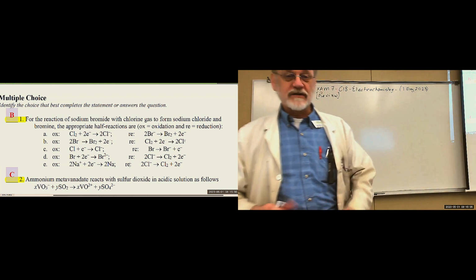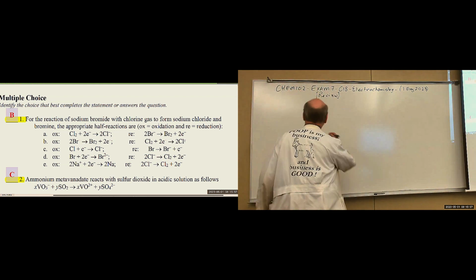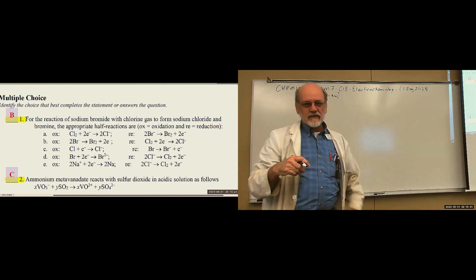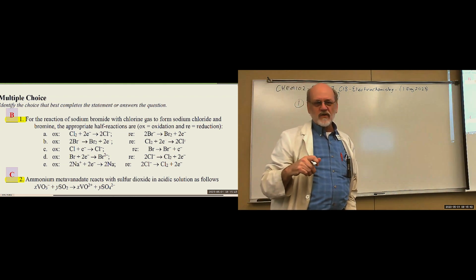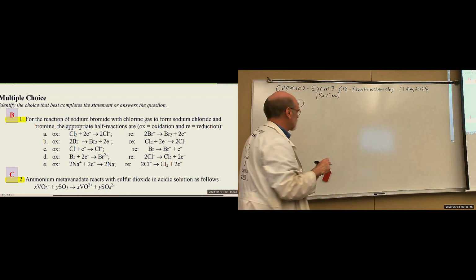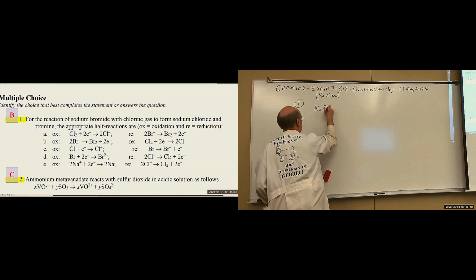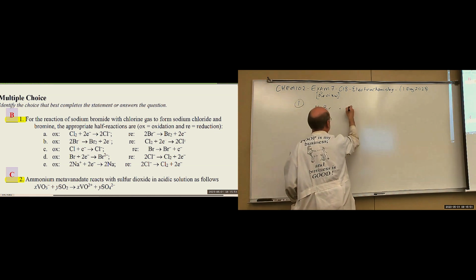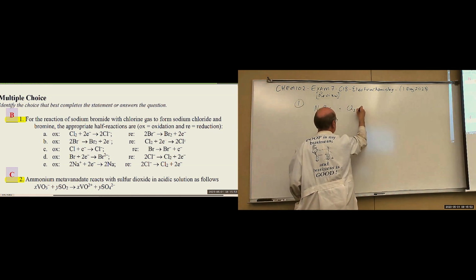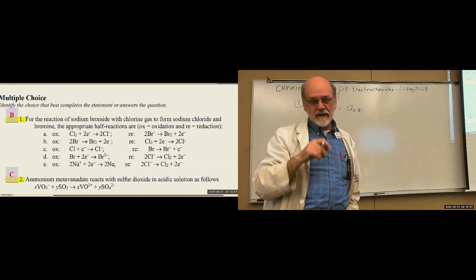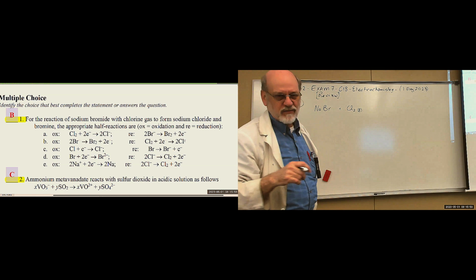All right, so let's take a look one by one, highlighted ones. For the reaction of sodium bromide with chlorine gas. Sodium bromide with chlorine gas. And that was diatomic. To form sodium chloride and bromine.